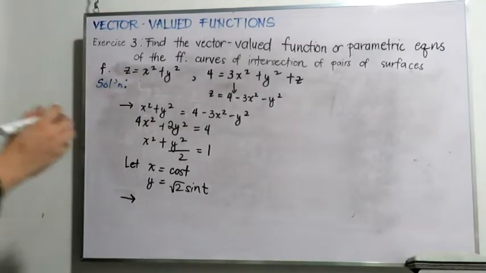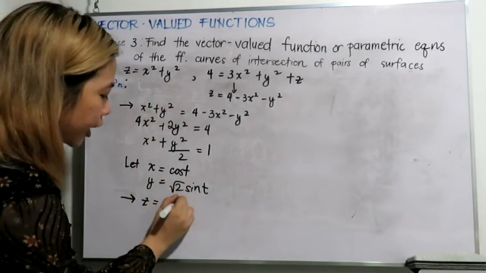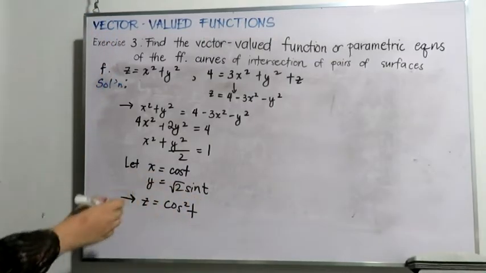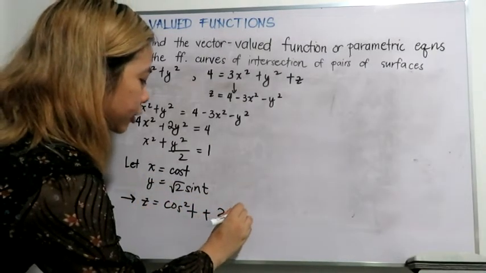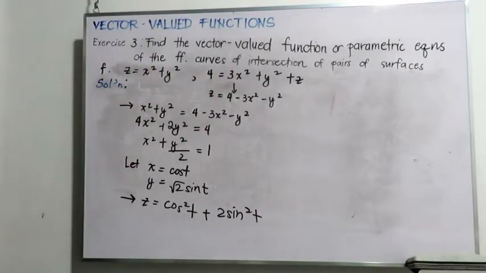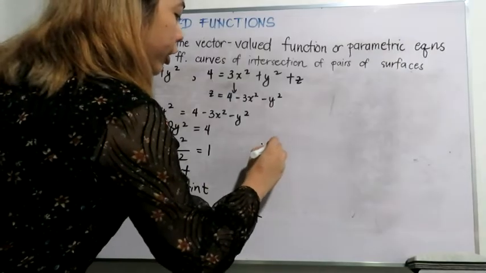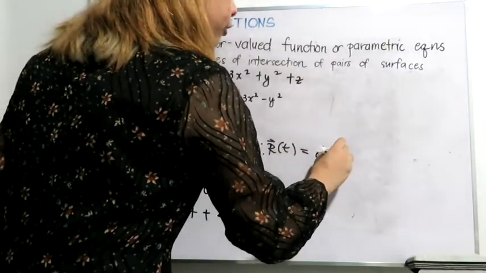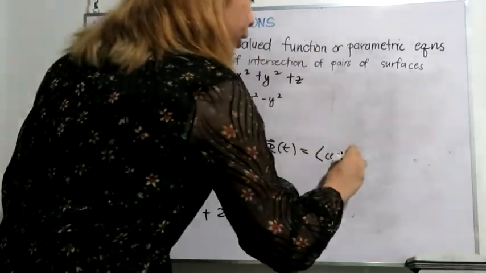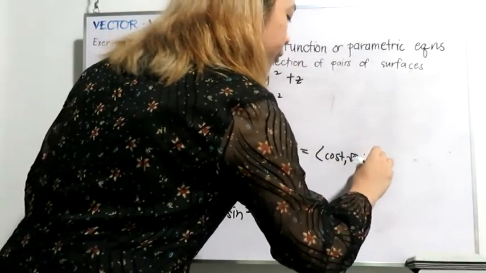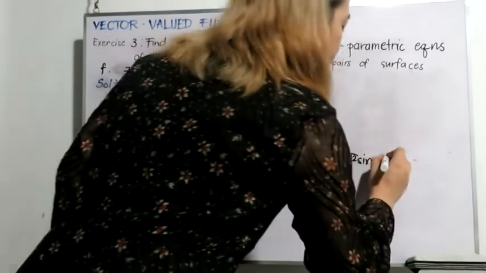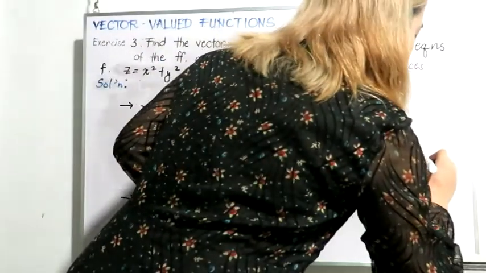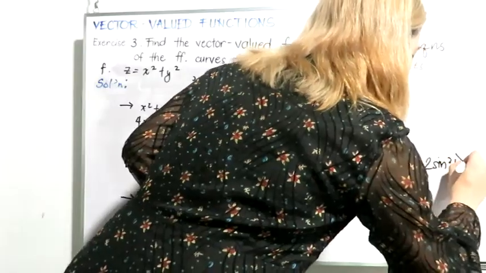I will choose this one so that we have z equal to, substitute x, cosine squared t, substitute y, plus 2 sine squared t, which gives us the vector valued function r of t with components cosine t, square root of 2 sine t, and cosine squared t plus 2 sine squared t. And that is the answer.